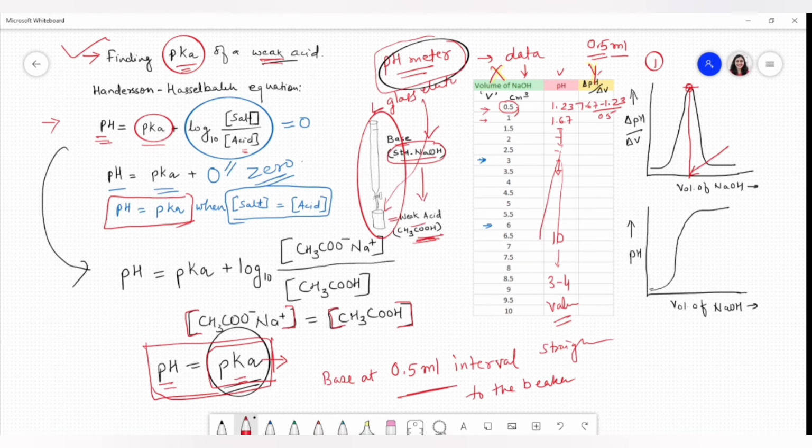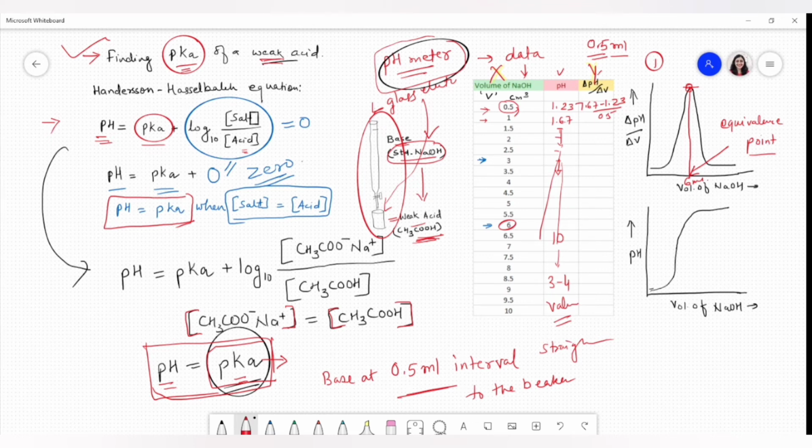the equivalence point. Say this is around 6 ml. So suppose this 6 ml is your equivalence point. What is the equivalence point?